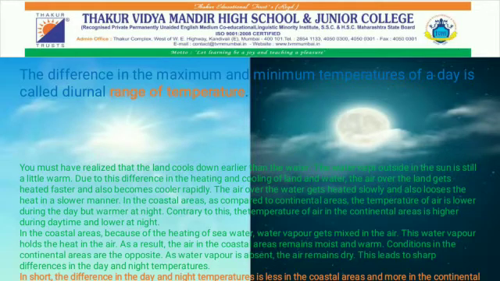If the water is in a steel vessel, it is not as cool as it is in the pot. So the water kept outside in the sun is still a little warm due to this difference in the heating and cooling of land and water.